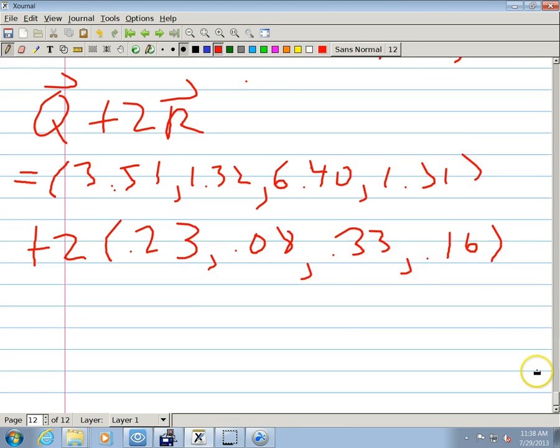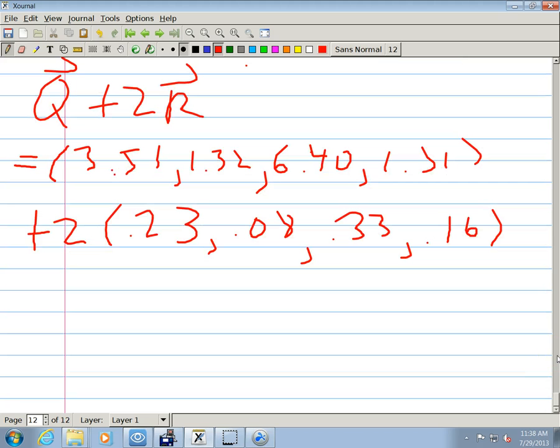So we're doing 2 things. We're adding these 2 vectors, Q and 2R, but to get 2R, a new vector, we have to dilate the R vector. So how do you dilate by 2? What does it mean 2 times 0.23, 0.08? What do you do? Multiply everything by 2.